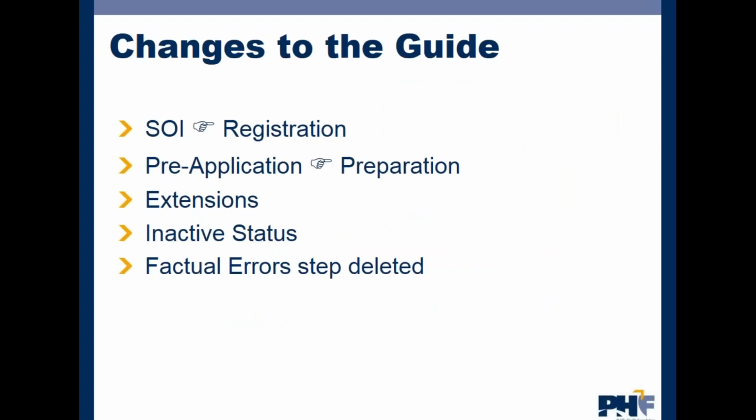As I mentioned a few minutes ago, talking about the steps, the statement of intent, the SOI, is no more. The initial intent of that was to use it as a workload guide for PHAB to think about how the applications would be coming in, but it was never used in that regard. And so this was changed to a registration, which includes the same information that was in the SOI.